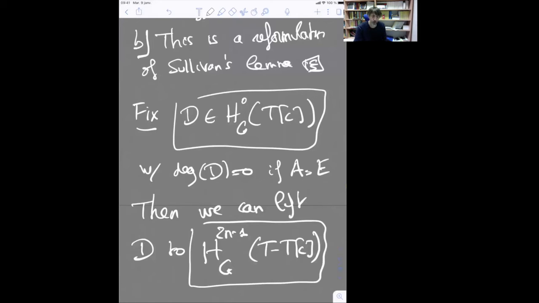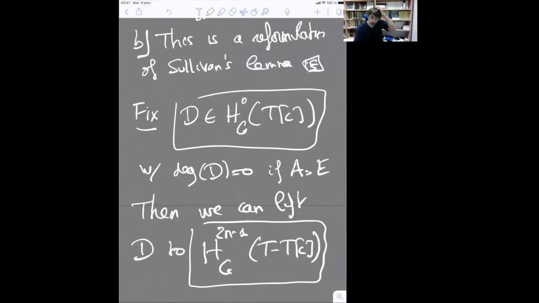And there is something annoying that I have completely ignored in the affine case. I'll tell you later why, but that I don't want to ignore anymore, is that this class is not canonical, because we are using the long exact sequence and there is a kernel, and the kernel is precisely the degree 2n minus 1 equivariant cohomology of T. This cohomology is non-zero in general, so there is really a kernel.